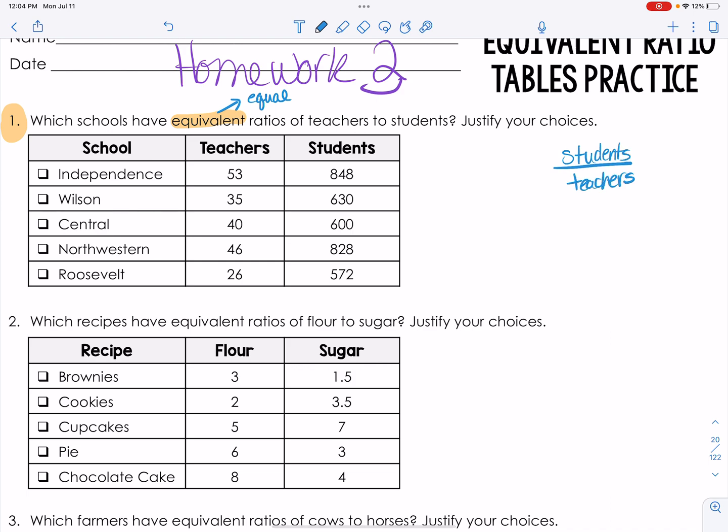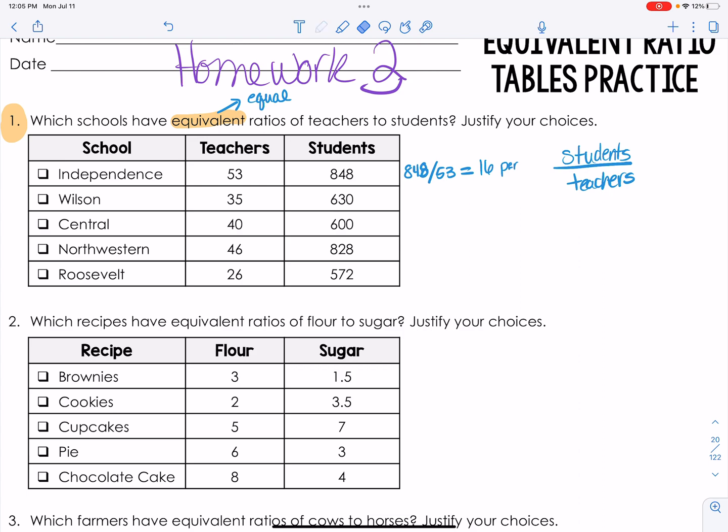Okay? I would definitely pick up my calculator right now. These are big numbers. I'm not asking you to do this by hand. But if I do 848 divided by 53, I get 16 students per teacher.